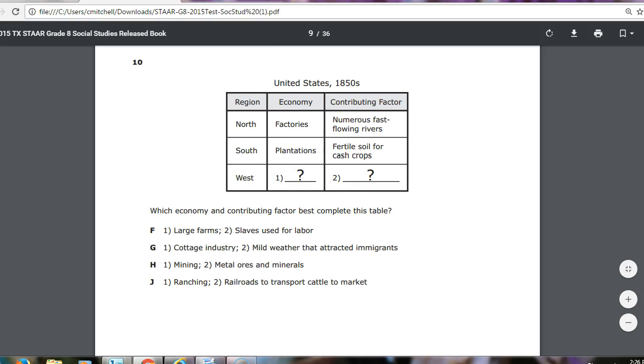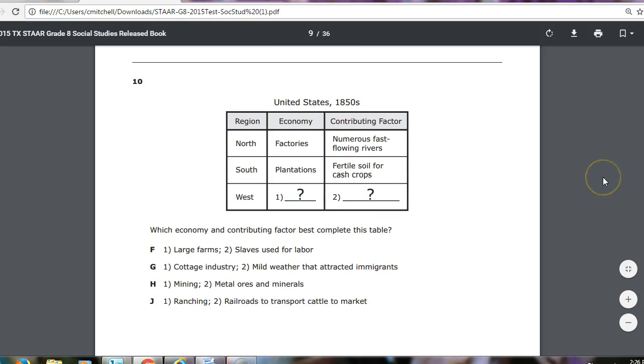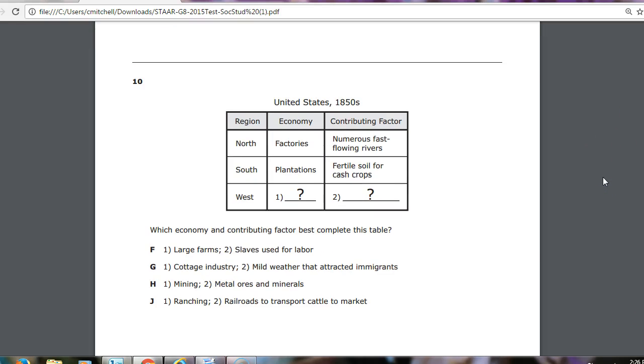Question number 10. United States 1850s. Region: North, South, West. Economy: factories, plantations, blank. Contributing factor: numerous fast-flowing rivers, fertile soil for cash crops, 2. Blank. Which economy and contributing factor best complete this table?